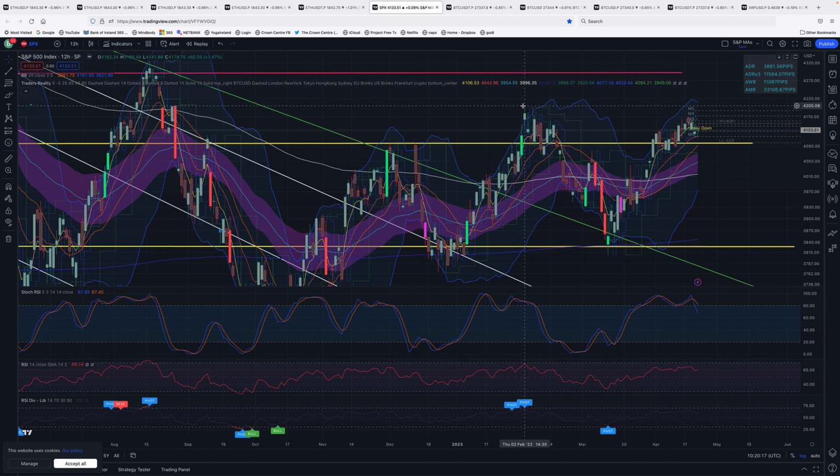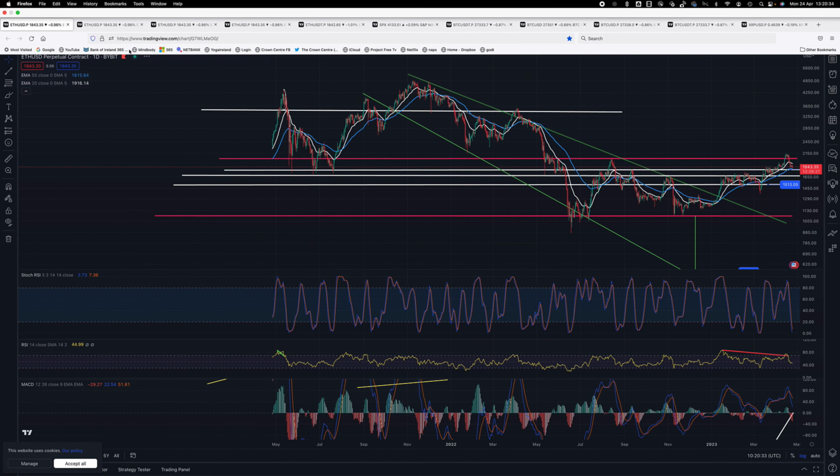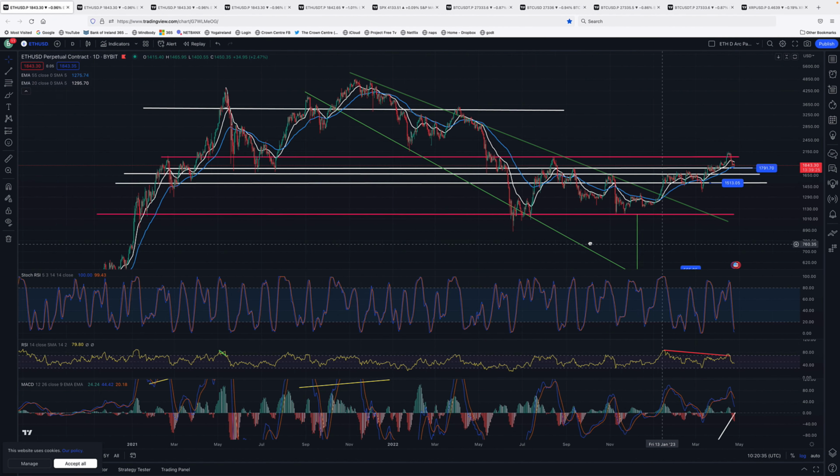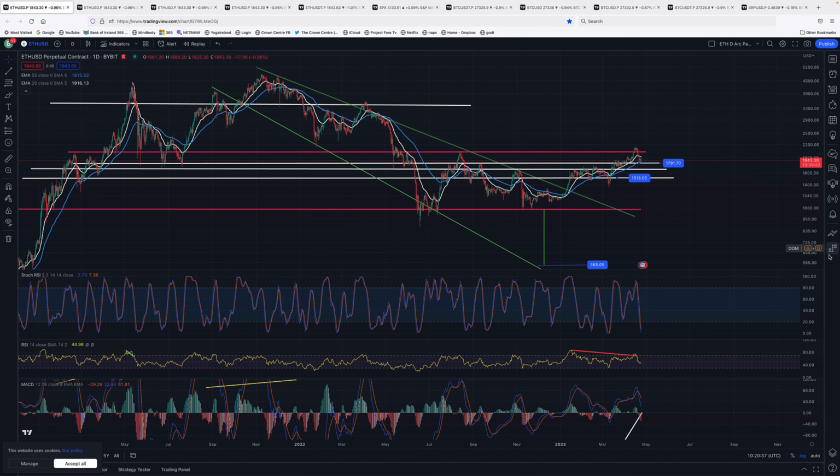I'm not trading any stocks at the moment, but I'm just charting this for general momentum. So as long as we're not breaking the previous high, we're not going to go anywhere.